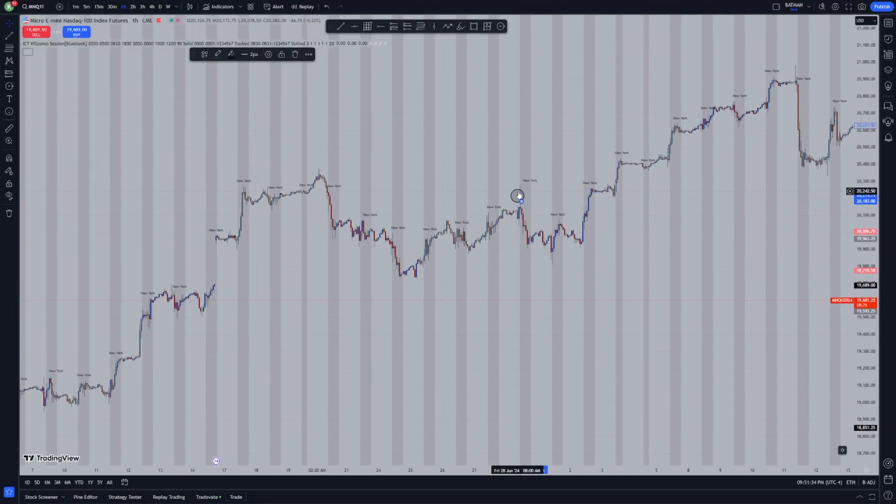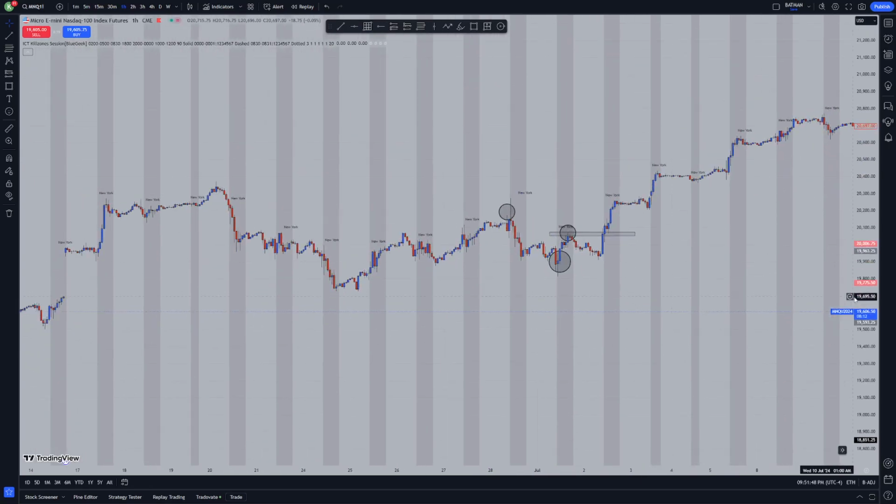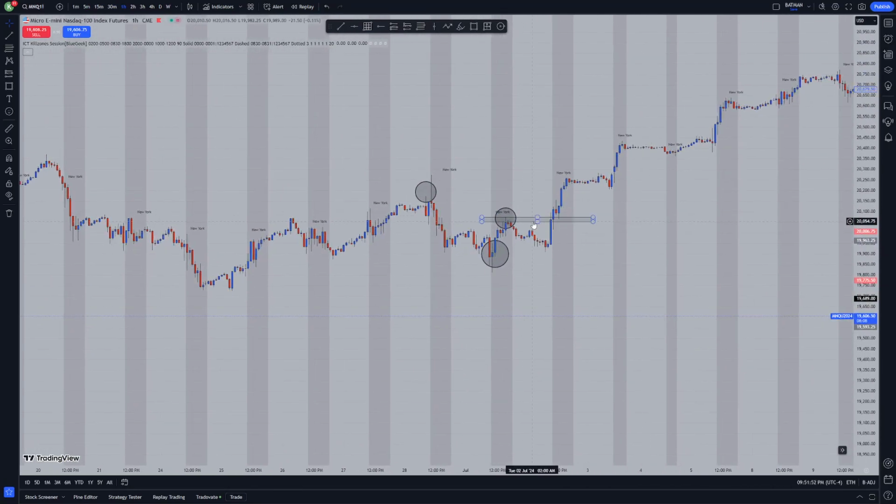Over here. Higher high. Higher low. Higher high. Look what happened. This resistance got broken, and then it went back over here.